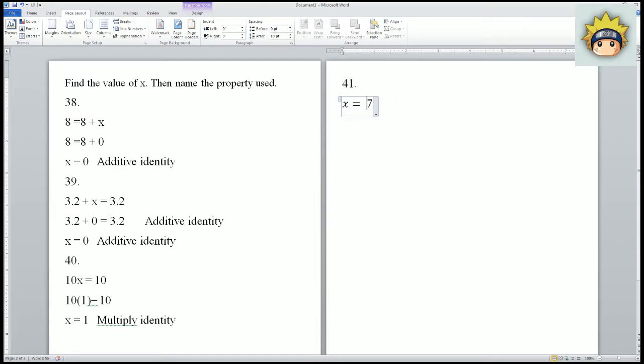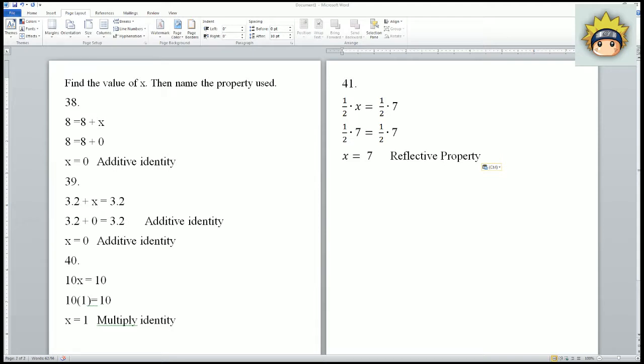Do you see how it is just x equals 7 here? What we did is we multiplied the 7. When it looks the same on the left as it is on the right, we call that the reflexive property.